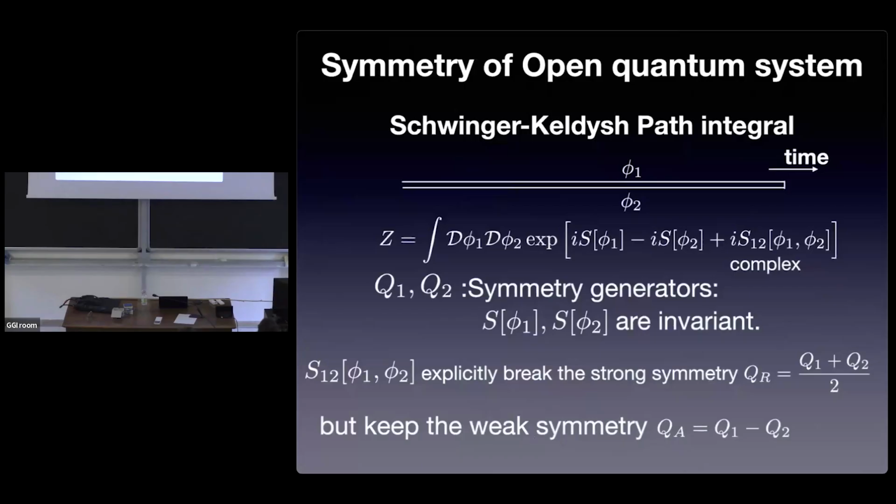If you start with the Schwinger-Keldysh formulation, we have Q1 and Q2. But the open system means something like an interaction between the phi 1 and phi 2 fields, coming from the environment. Then if you define the two charges, the difference and the sum, one is the weak symmetry, and the other is the broken part, which corresponds to the strong symmetry.